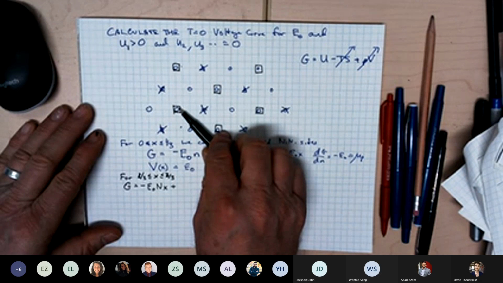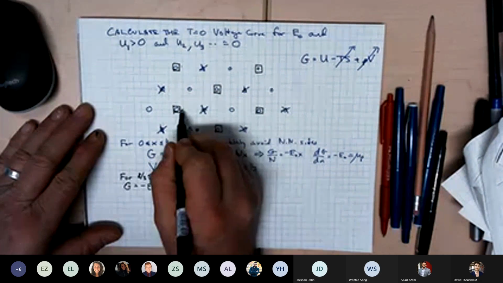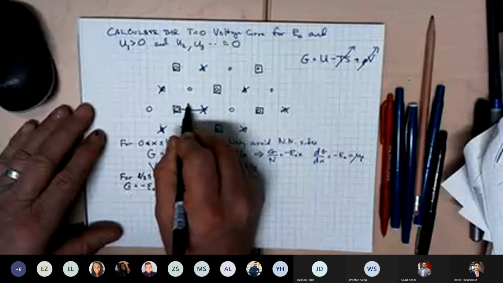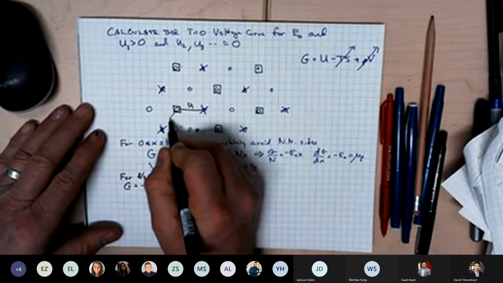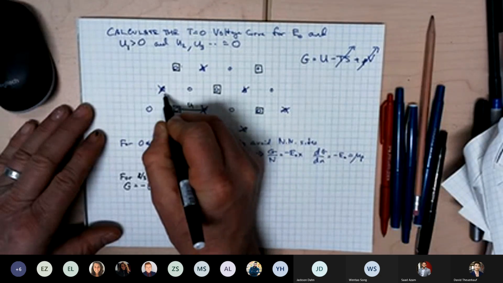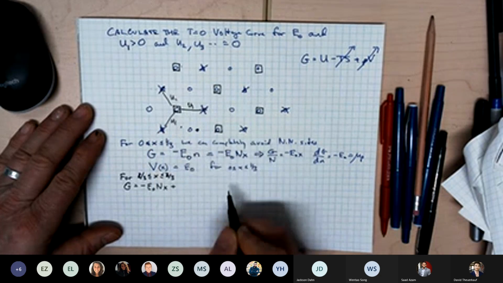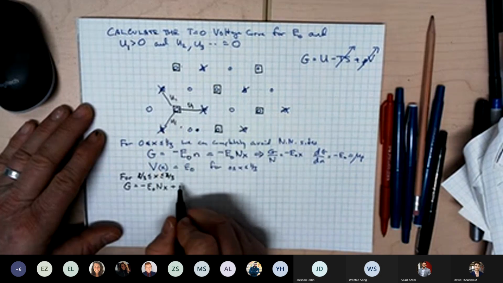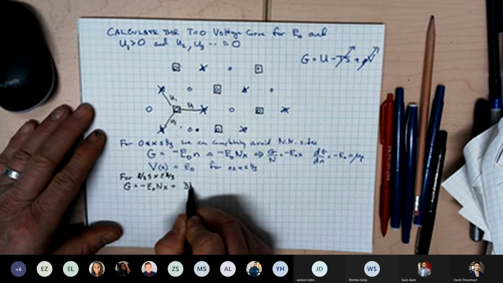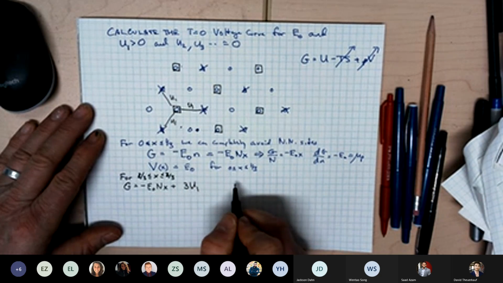We have to pay an energy cost of 1, 2, 3 U1. So there's a term 3 U1.